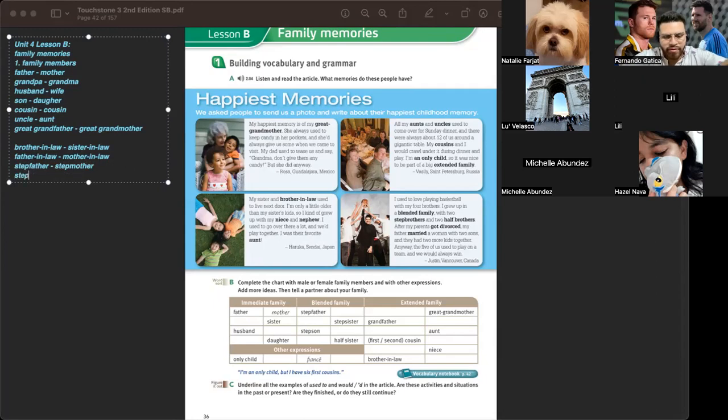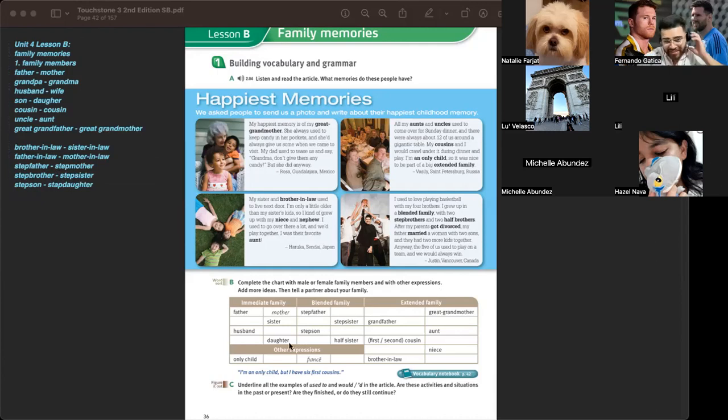Stepbrother. Hermanastra? Stepsister. Hijastro. Stepson. Hijastra. Stepdaughter.